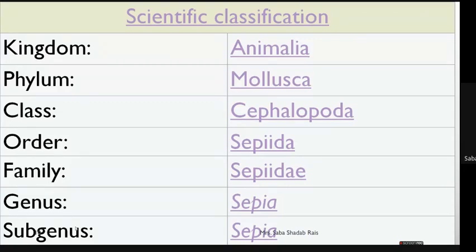Now, what happens? We have discovered so many animals, and many of the animals look similar to each other. Whenever we go to the mall, we observe that things are classified in a particular section. In the grocery section, you will find only grocery items. In the same way, in your home, what makes your drawing room different from the kitchen?